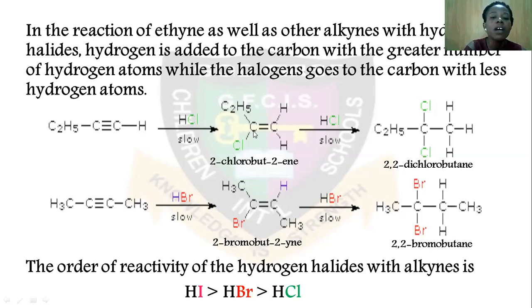The chlorine will go to this carbon without hydrogen atom, and the hydrogen goes to this carbon which already has the greater number of hydrogen. Then in the second stage as well, the chlorine goes to the carbon that has less hydrogen, and the hydrogen goes to the carbon with more hydrogen.